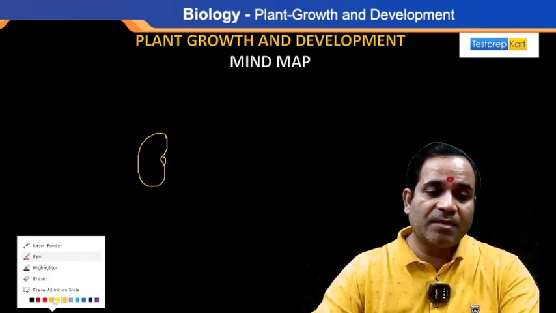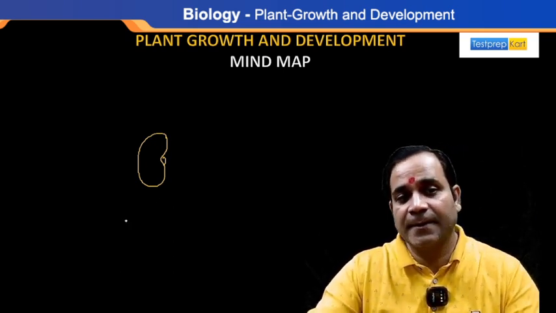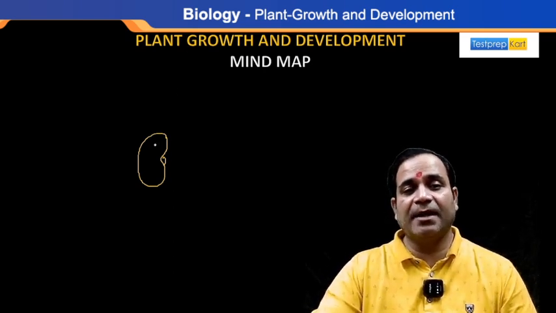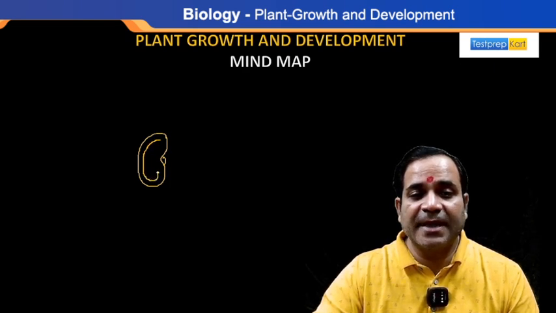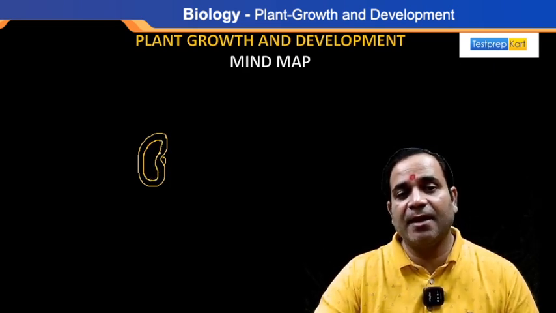Here I am making a diagram of what? Dicot, my dear. See, the seed has a double-layered membrane. What I'm saying to you: the seed has a double-layered membrane. Okay, very good.